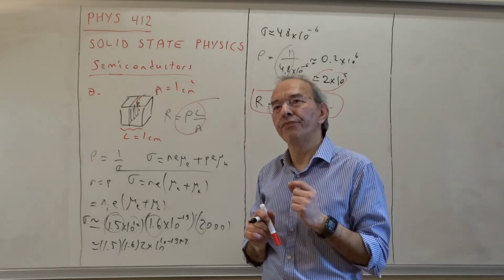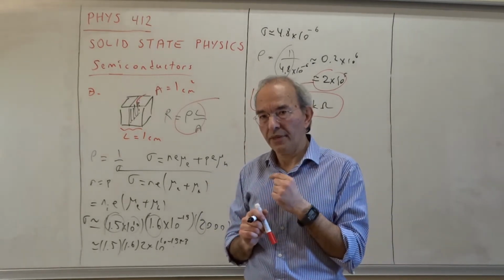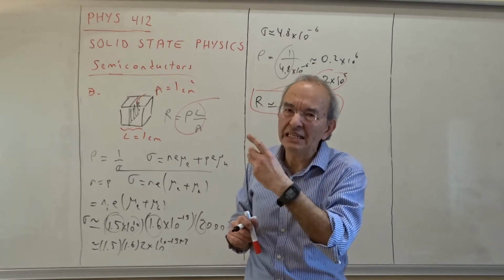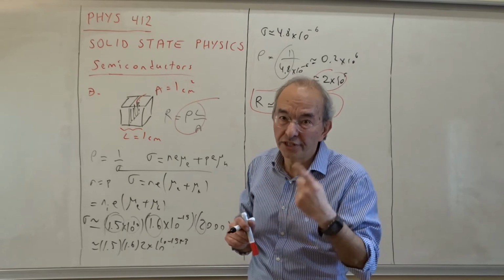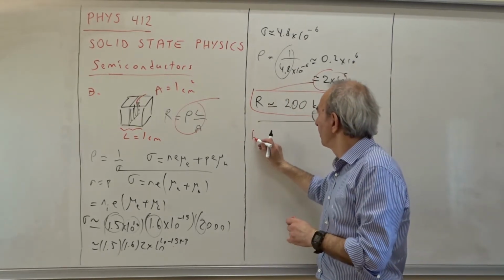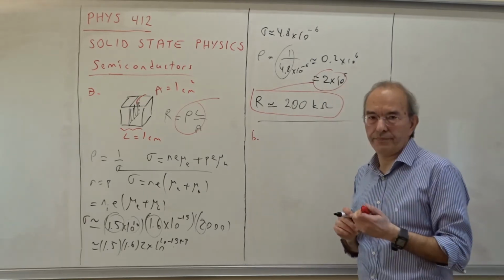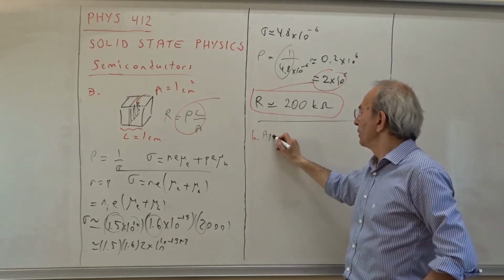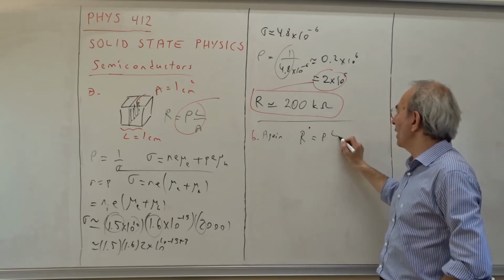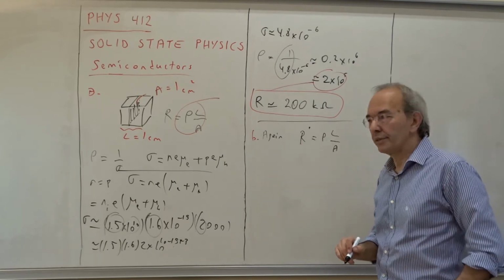Now we will see the effect of doping, even with a very small ratio, 1 part per billion. A foreigner in India, remember. So part B. Now, again, R prime is equal to rho times L over A. Alright.